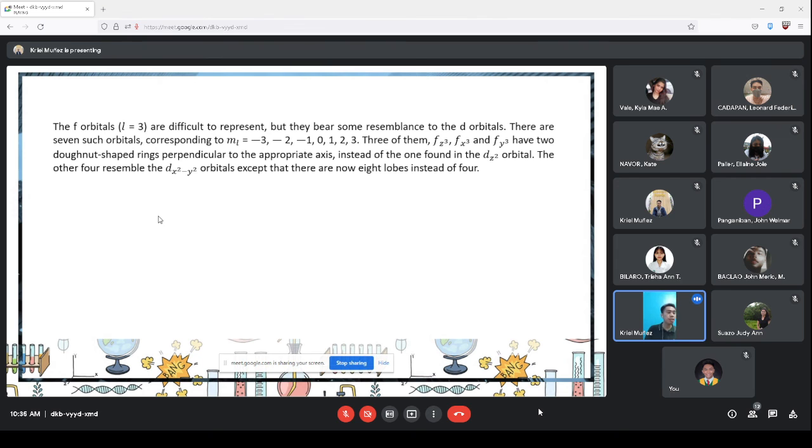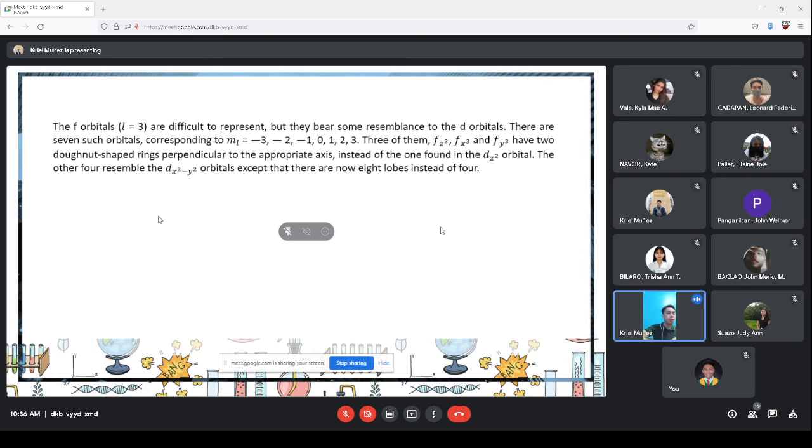There are 7 such orbitals, -3, -2, -1, 0, 1, 2, and 3, the m sub L values. 3 of them, the fz cube, fx cube, and fy cube, have 2 donut-shaped rings perpendicular to the appropriate axis, instead of the one found in the dz squared orbital. The dz squared orbital, as we said, has only one donut in the xy plane, right?